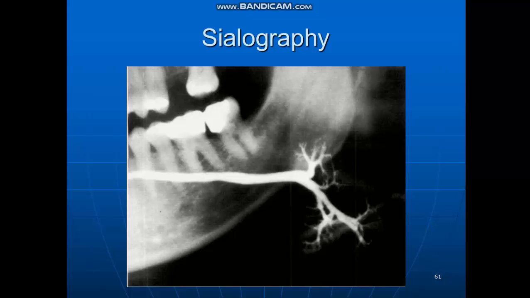When this is complete, the filling phase radiographs are taken, ideally at least two different views at right angles to one another. And finally, in the emptying phase, the cannula is removed and the patient allowed to rinse out. The use of lemon juice at this stage to aid excretion of the contrast medium is often advocated, but is seldom necessary.